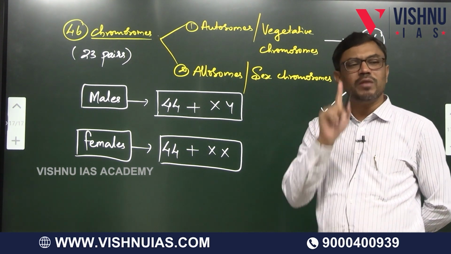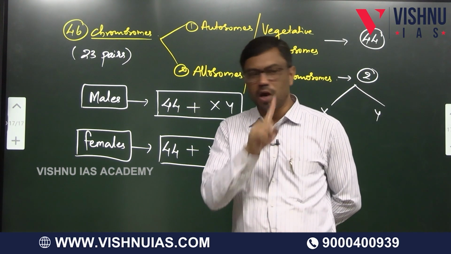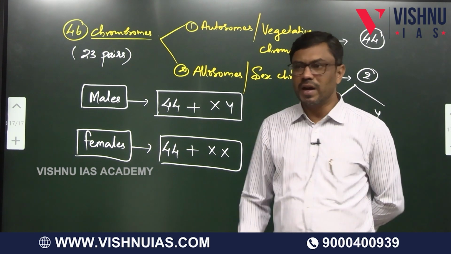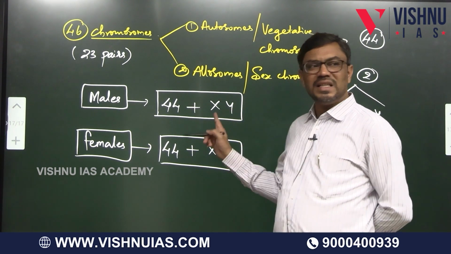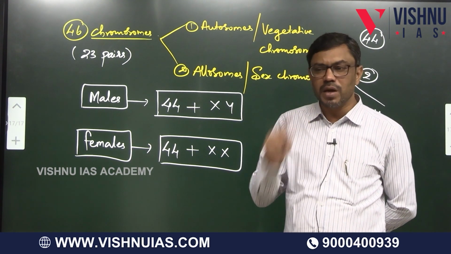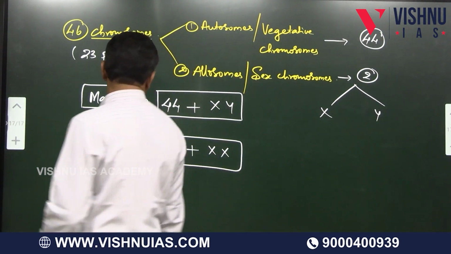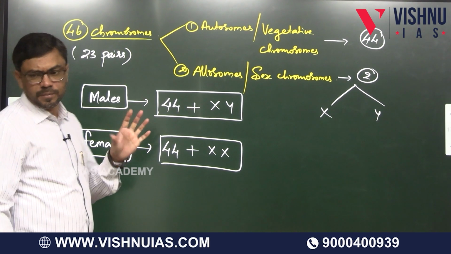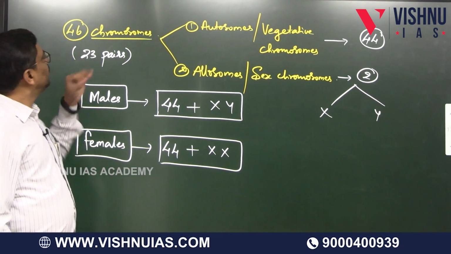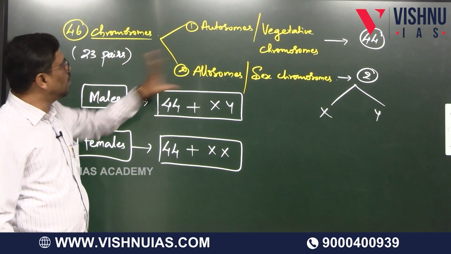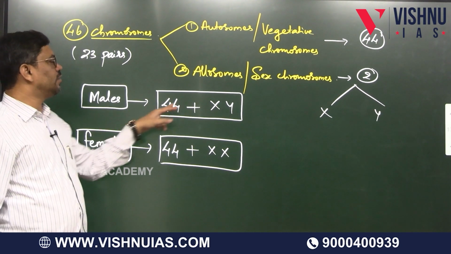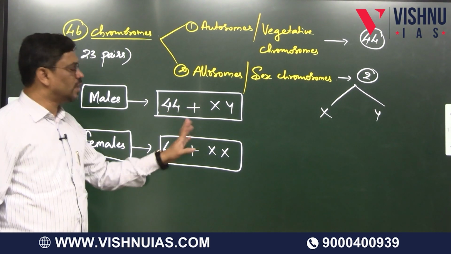So, that Y chromosome will decide the sex of the baby, that you have to remember. The Y chromosome during fertilization will decide the sex of the baby. I will let you know that one. Up to here clear now? Right. So, 46 chromosomes, autosomes, allosomes. Males have 44 plus XY, females have 44 plus XX.